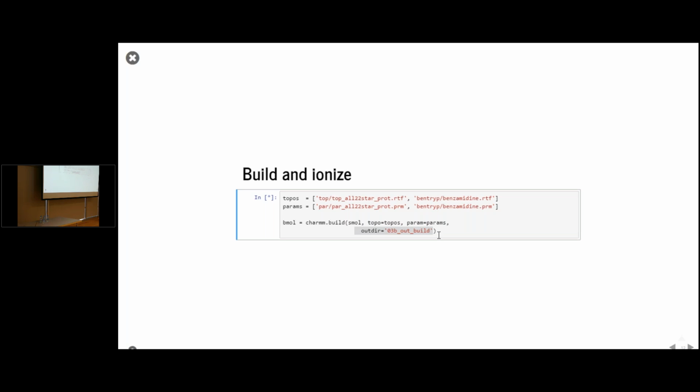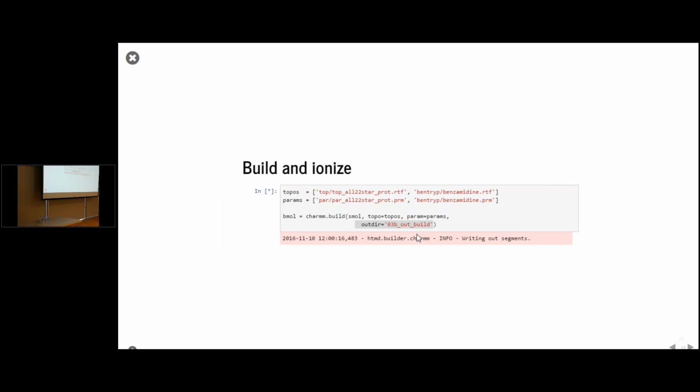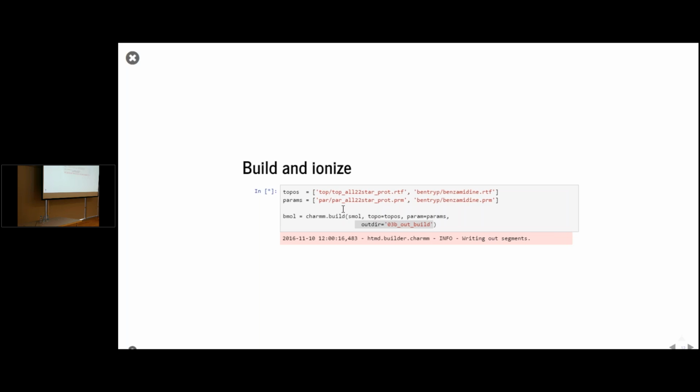We do this, and after a while we get the structure prepared. It takes like 2 minutes, but at the end you get it and you can view it. I'm not waiting because I'd like to go to the next tutorial.